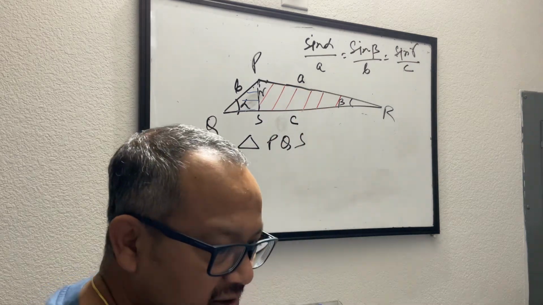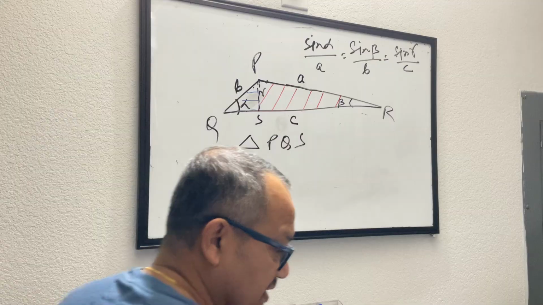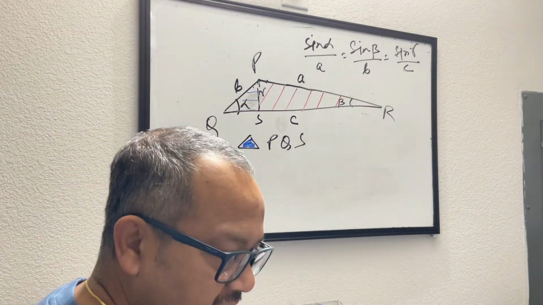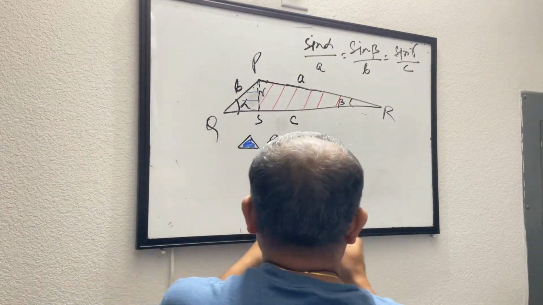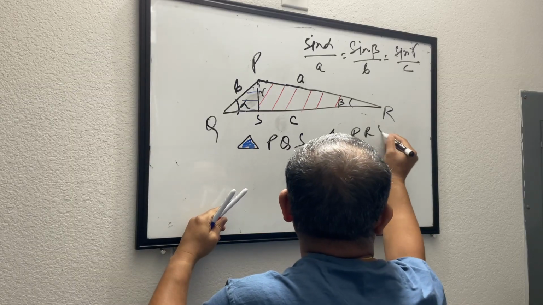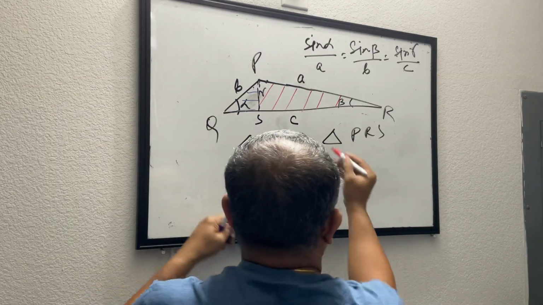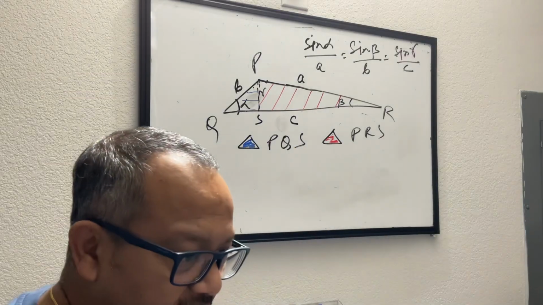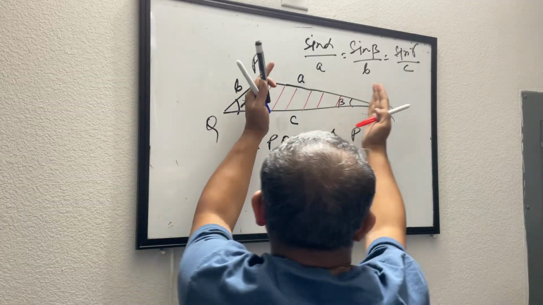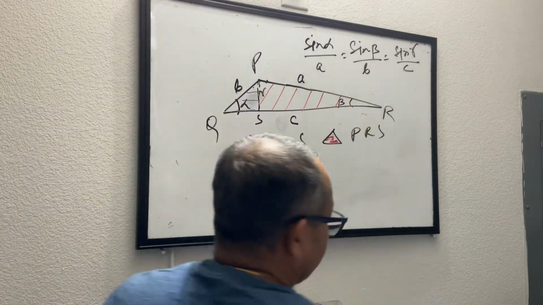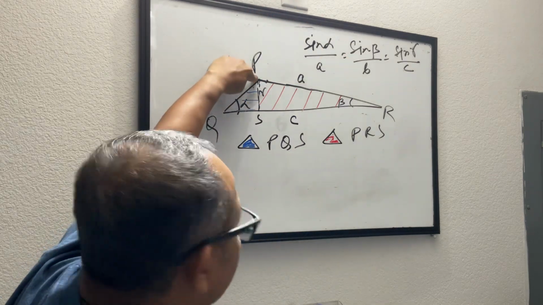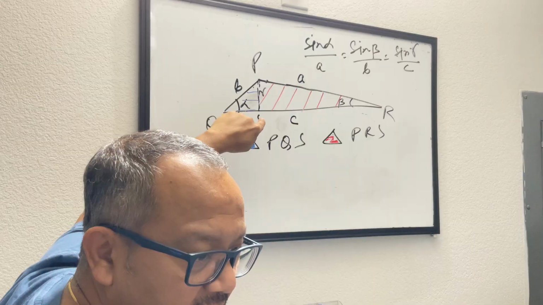Then we have a red one, triangle PRS. So we have triangle PQS, the blue one, and triangle PRS, the red one. Both the triangles are children of the larger triangle, made by dropping a perpendicular to the opposite side. Okay?